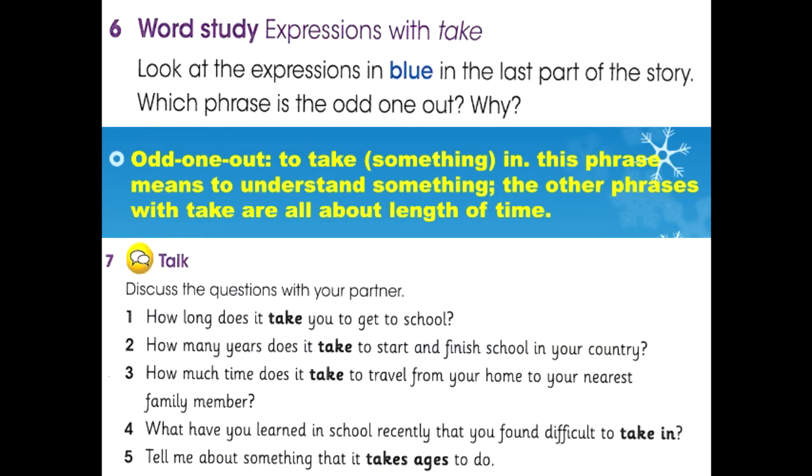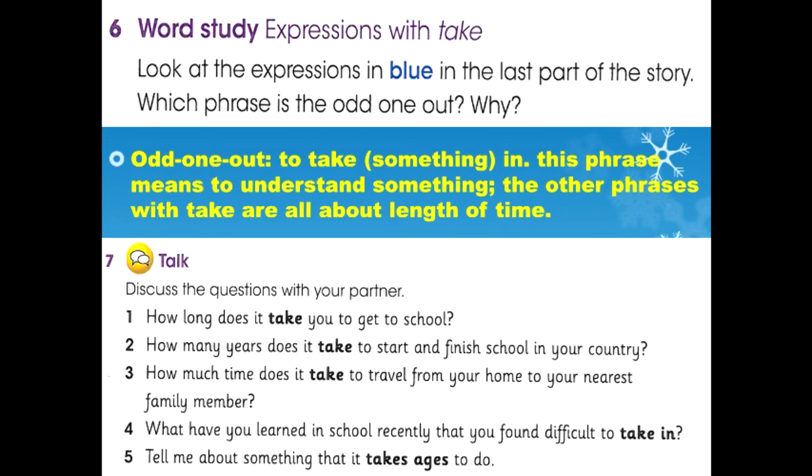Now discuss the questions with your partner. These are your own answers. How long does it take you to get to school? 15 minutes, half an hour, 45 minutes. It depends on the district and area you live in. Number 2, how many years does it take to start and finish school in your country? We mean from the 1st grade to the 12th grade in high school.